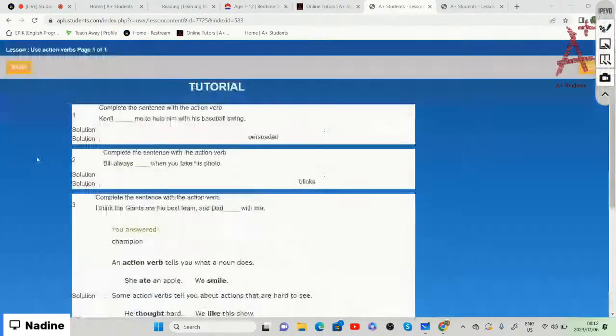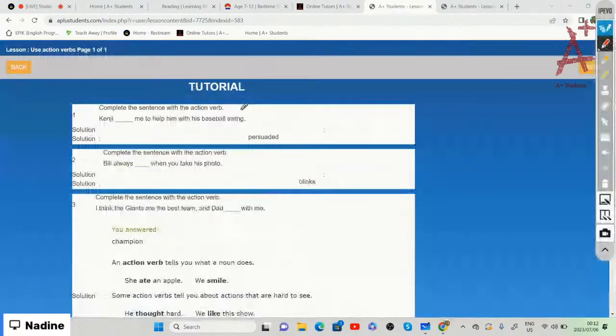All right, so if we look at the first question, we need to complete the sentence with the action verb. Kenji what me to help him with his baseball swing? Something that he helped him to do. In this case, it is persuading.